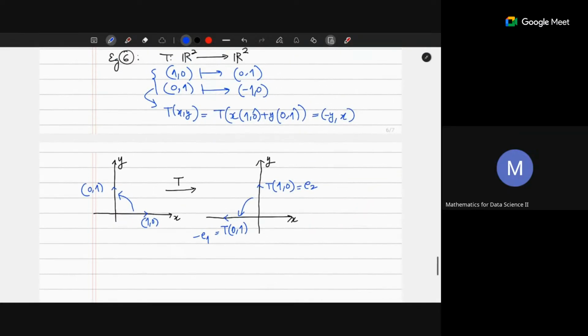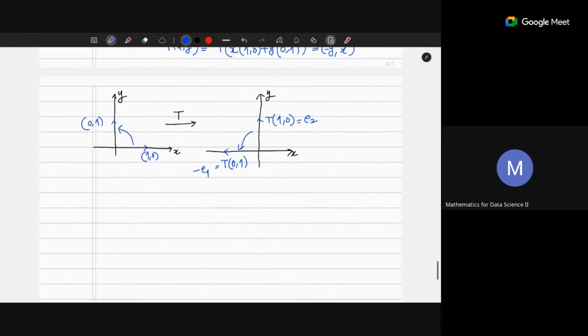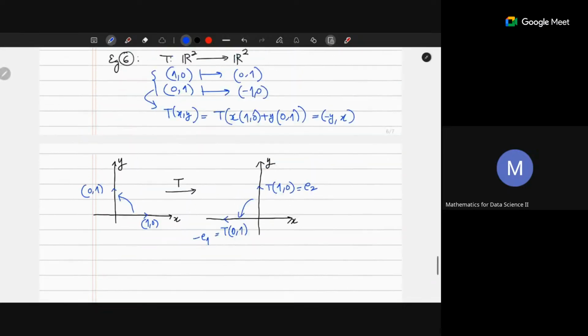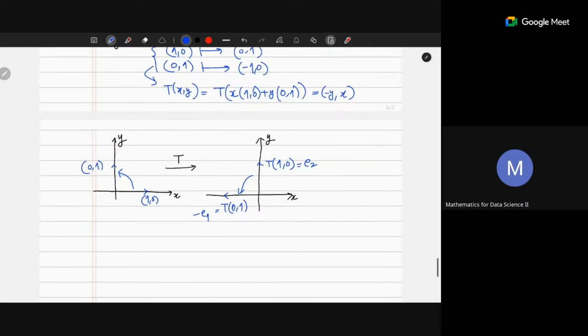Now on both ends, we have the inner product given by the dot product. Let's see. So first check the length. What is the norm of a vector (x, y) in the domain?